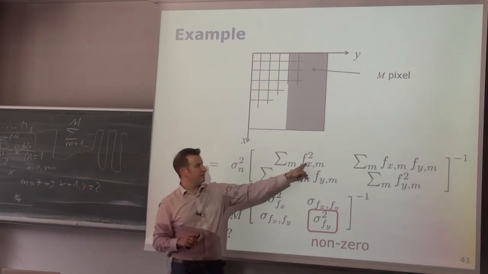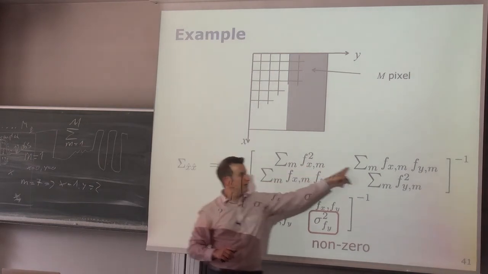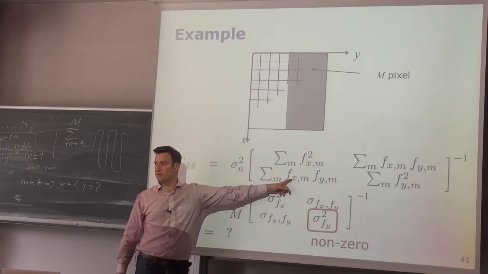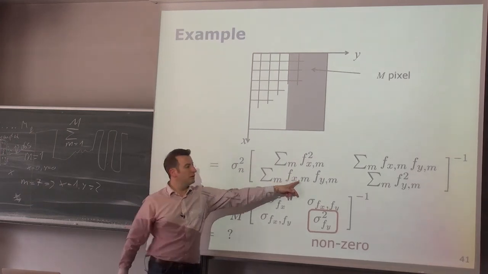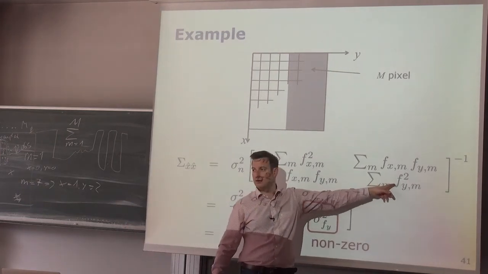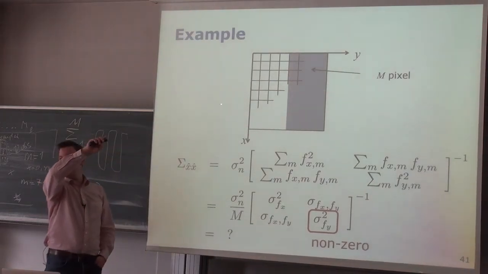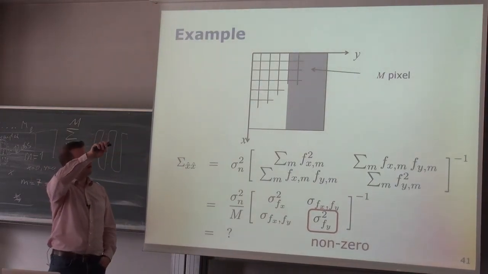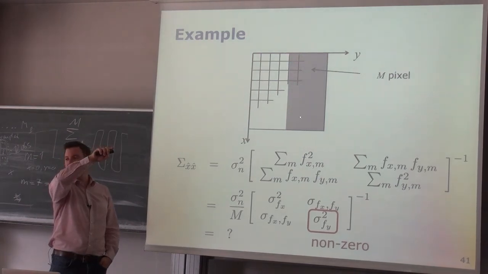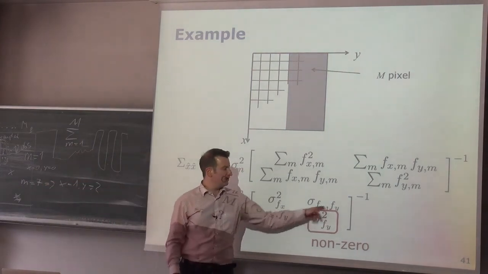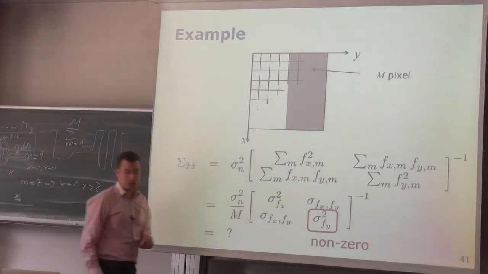That means this value turns into 0, this value turns into 0, and this value turns into 0. So they are all 0, except this one over here. This is the gradient in the y direction. It's 0 in this area as well, 0 in this area, but takes large values here at that edge. So there will be elements where these are non-zero.